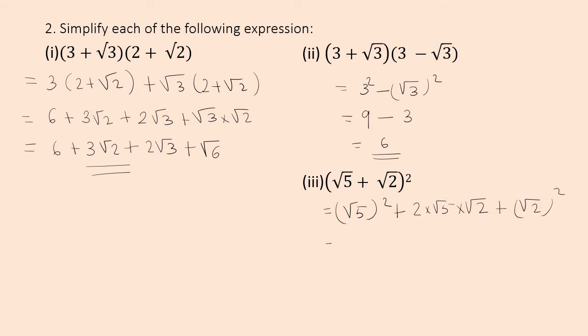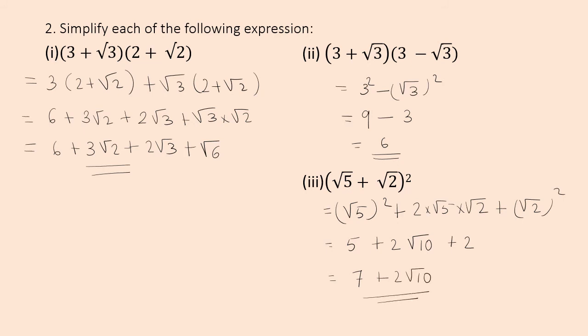That is equal to root 5 square is 5 plus 2 multiply the irrational parts, that is root 5 multiplied by root 2, that is 5 2s are 10, so that is root 10 plus root 2 square, that is 2, that is equal to 5 plus 2, that is 7 plus 2 root 10.